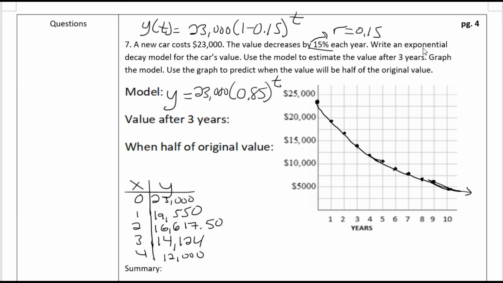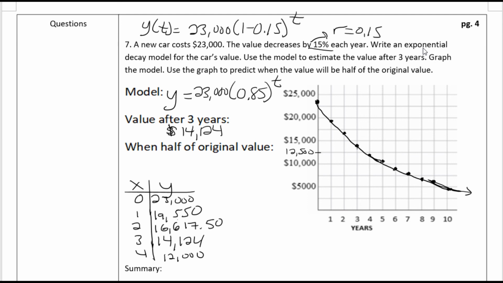So what's the value after 3 years? Well, we just found it. It was $14,124, just about. At what time are you going to have half of the original value? So half of 23,000 is about 11,500. So about 11,500, this right here is 12,500.